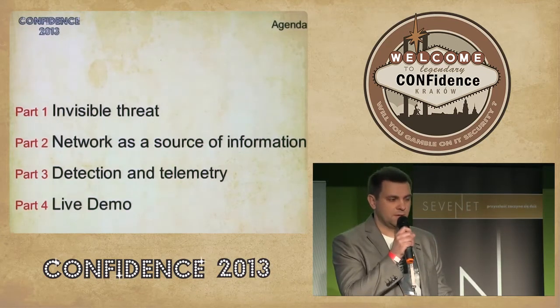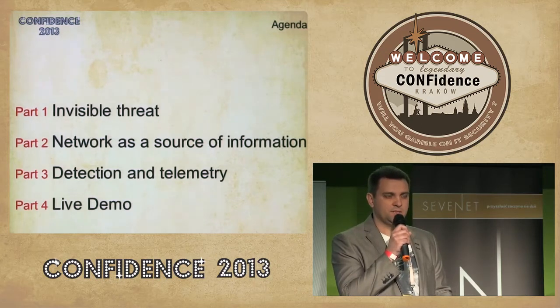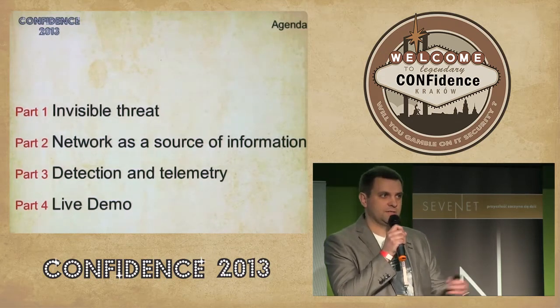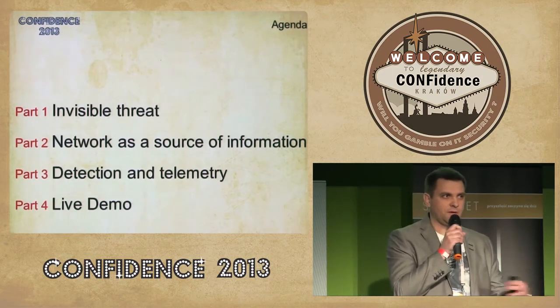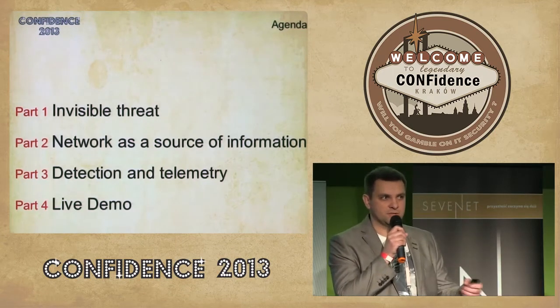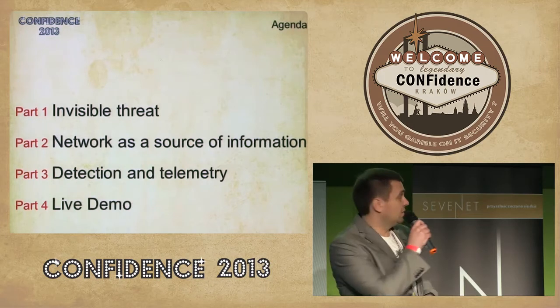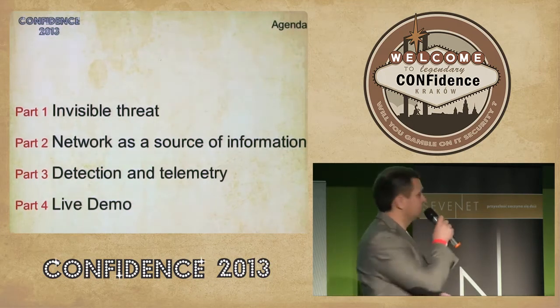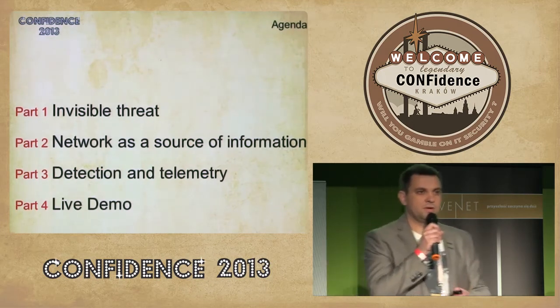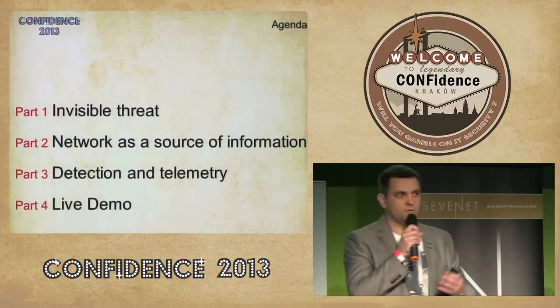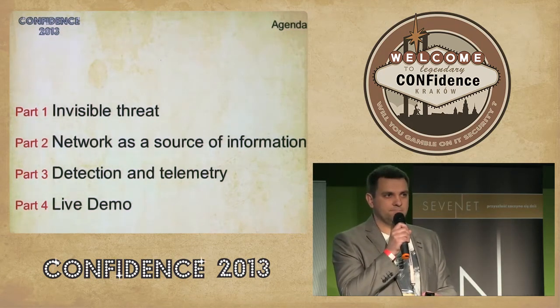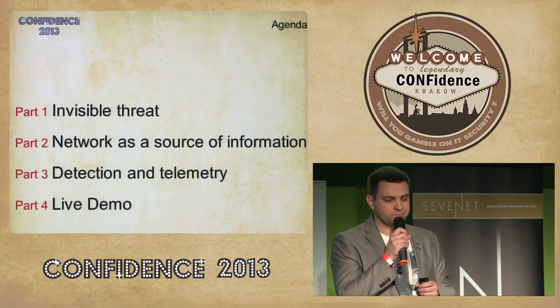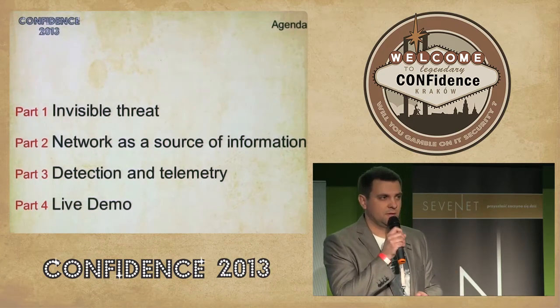So here's an agenda of what we will cover today. First, we will explain the anatomy of the invisible threat, and what phases such an invisible APT attack can consist of. After that, we will talk about the network, because the network can be a friend to you. It can give you a lot of information about the attack itself.